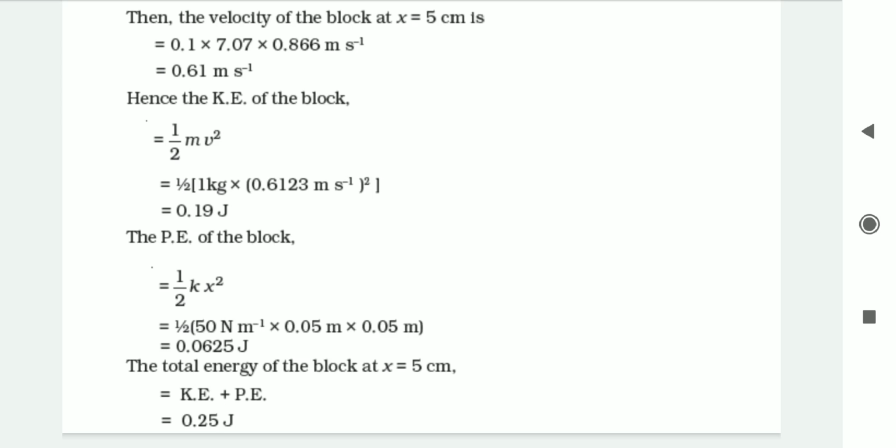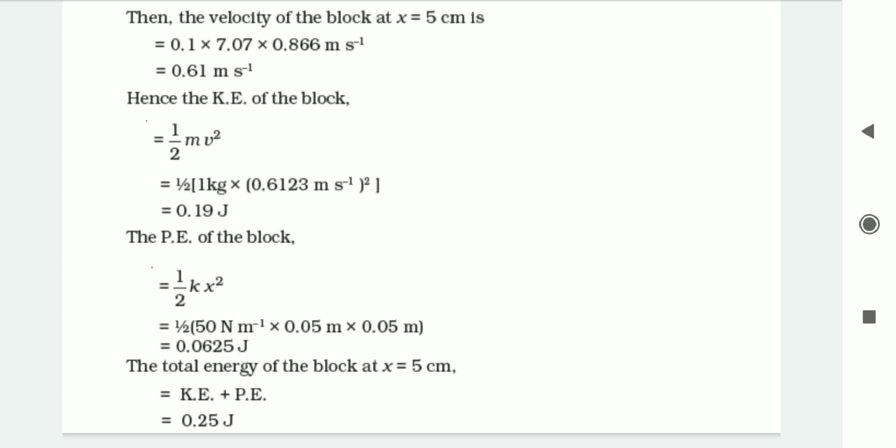Here, at maximum displacement the kinetic energy is 0, so the total energy is given by the potential energy only. At that time the maximum displacement is 10 centimeter, that is 0.1 meter, so total energy equals potential energy, 1/2 k x squared, where x is the maximum displacement.